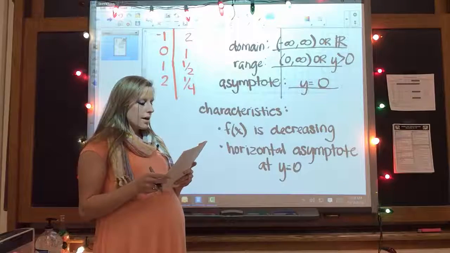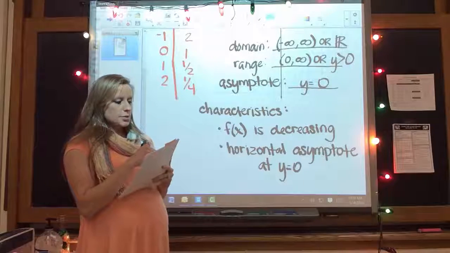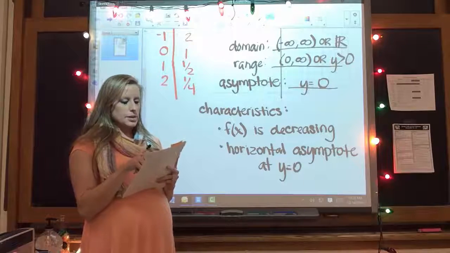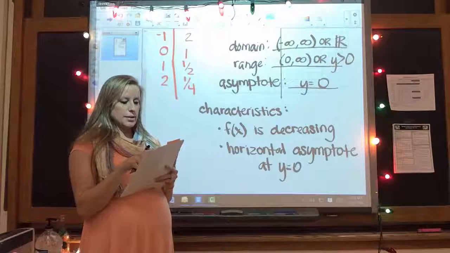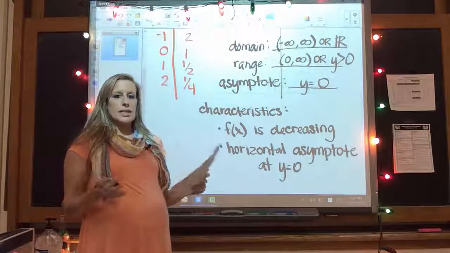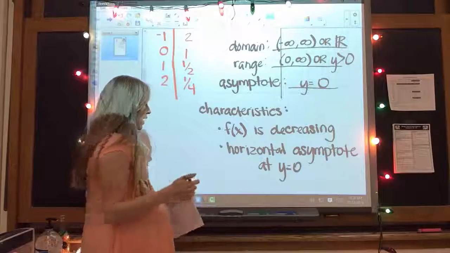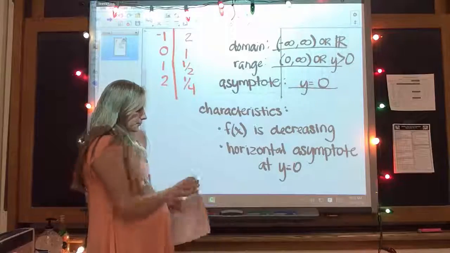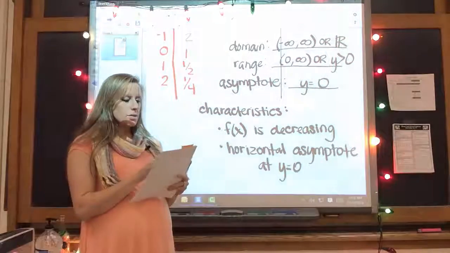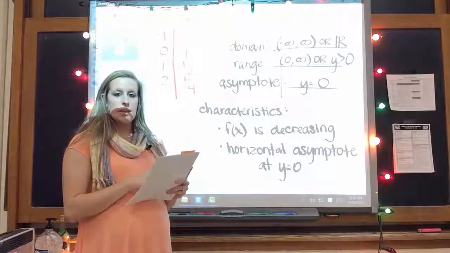All right, next page. The next page says determine what happens to (1 + 1/n)^n as n approaches infinity. So that means as n gets bigger and bigger. Alright, so let's go to y equals on our calculator. And we're going to put in (1 + 1/n)^n, and we're going to fill in this table.